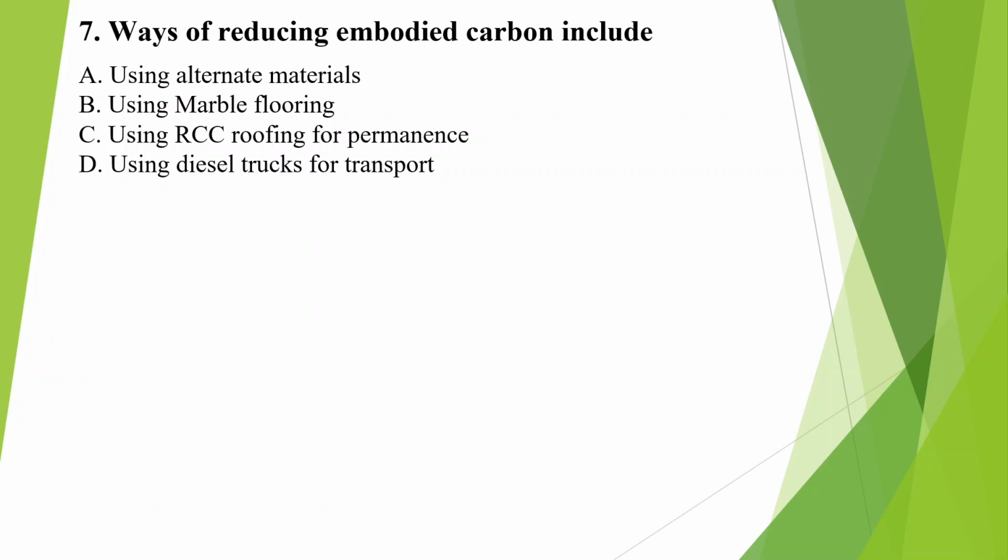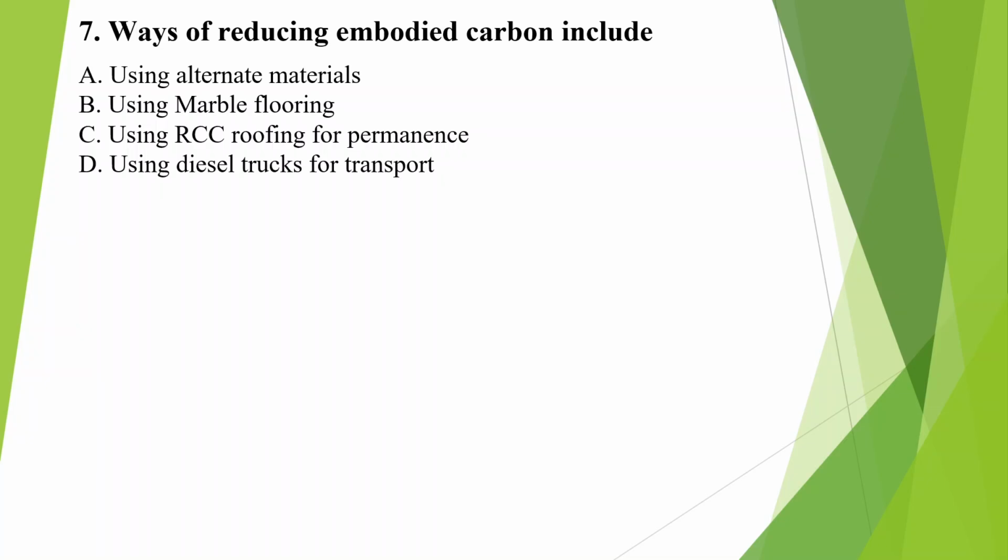So using alternative materials is the correct answer. Whoever has not answered can understand other options are not correct, because embodied carbon is reduced by choosing alternate low carbon materials like bamboo, fly ash bricks, recycled steel. It's not because of using marble flooring or RCC floor roofing and all. Fine.